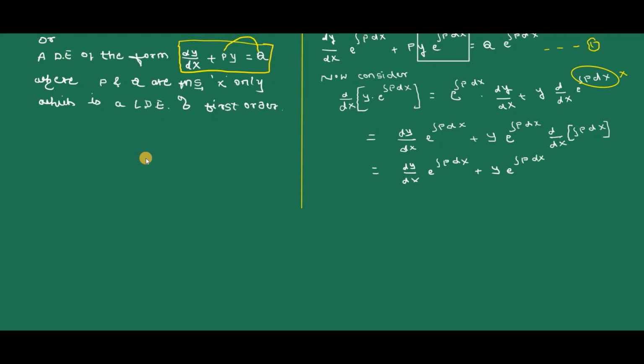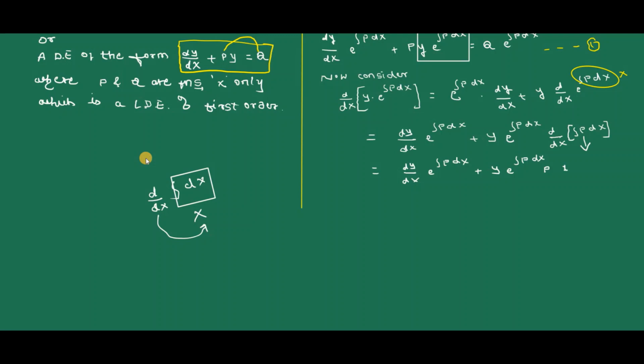Now what is the differentiation of this integration of p into dx? P is constant, I will write it outside. What is the remaining term? The remaining term is d by dx of integration of dx only. What is integration of dx? Integration of dx is x. And what is differentiation of x with respect to x? You will get 1.